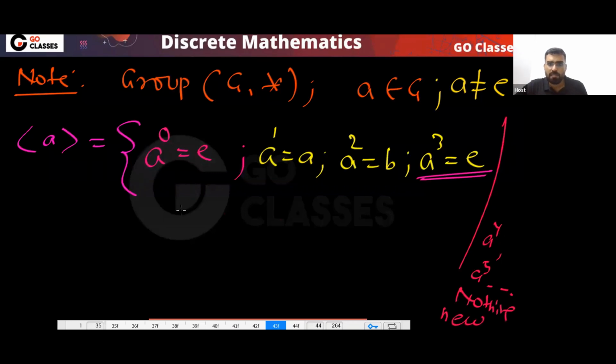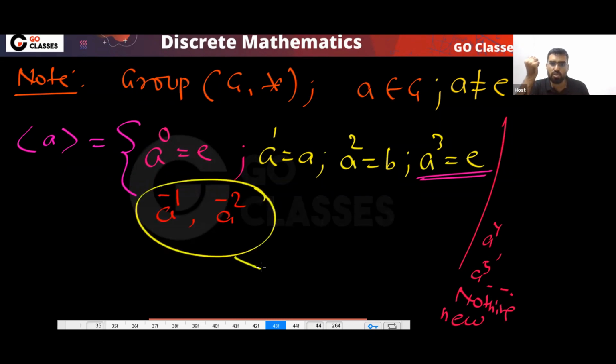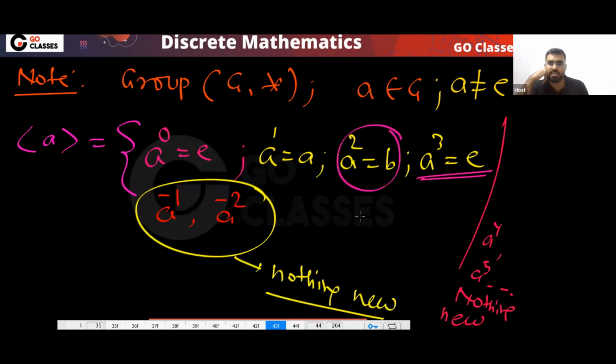Now tell me, but should I check A inverse? Should I go in this direction? Why no? Tell me why no? Again, nothing new. Why? Tell me what is A inverse?